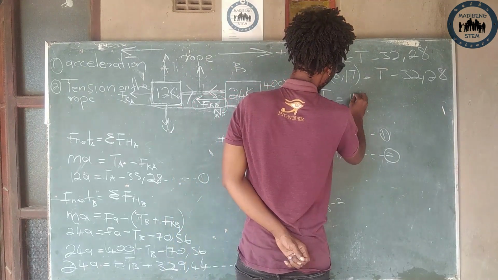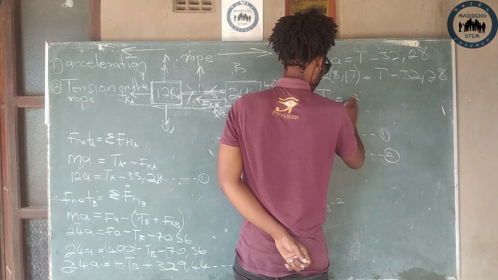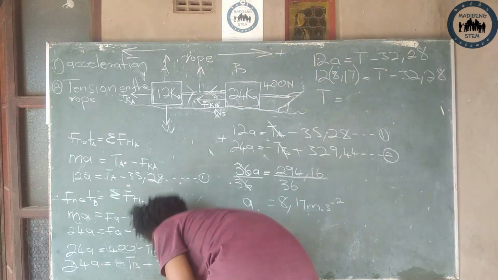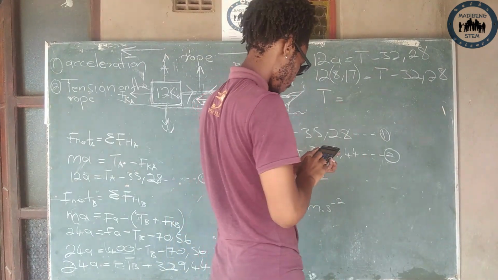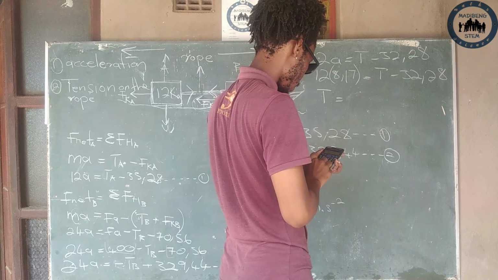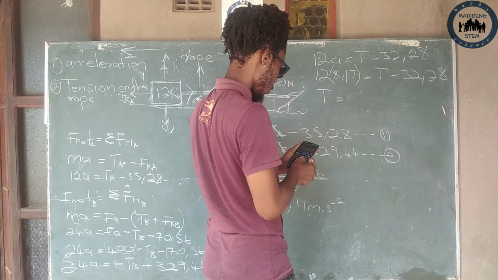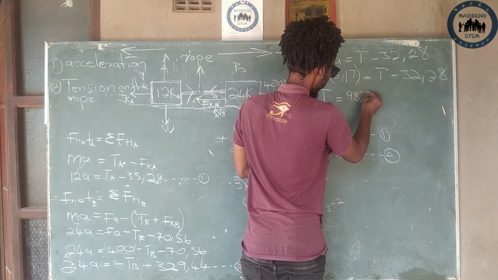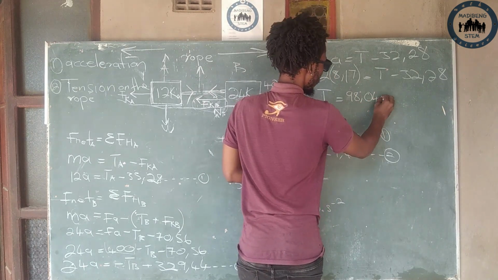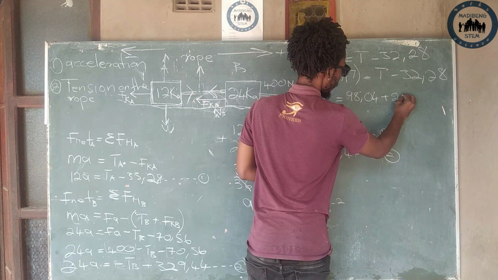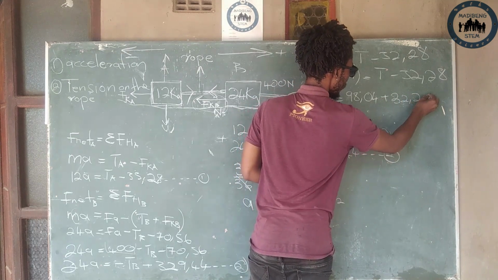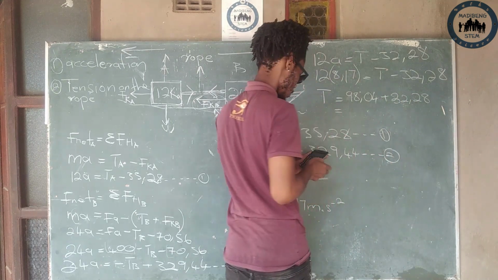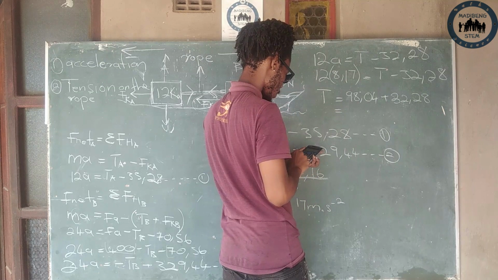So what is 12 times 8.17? It is 98.04 plus 32.28.